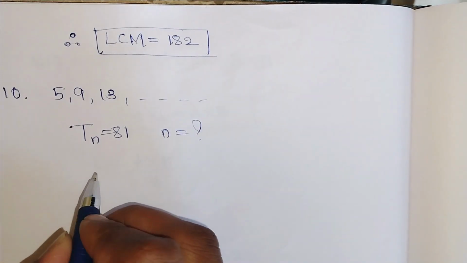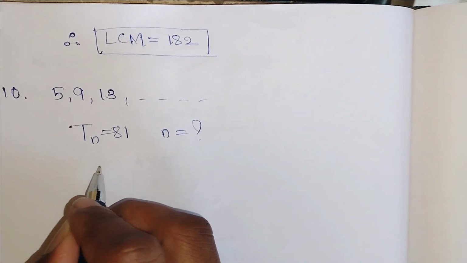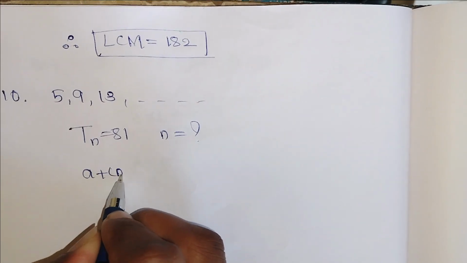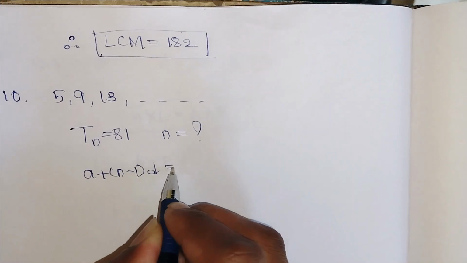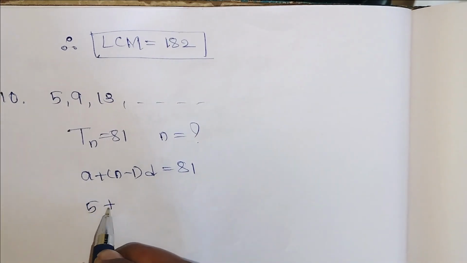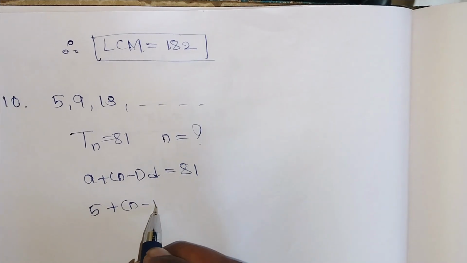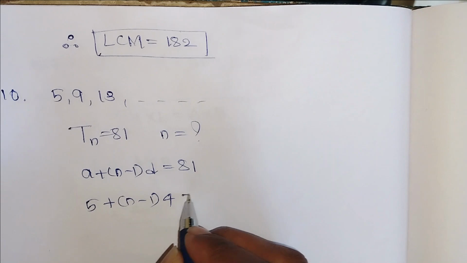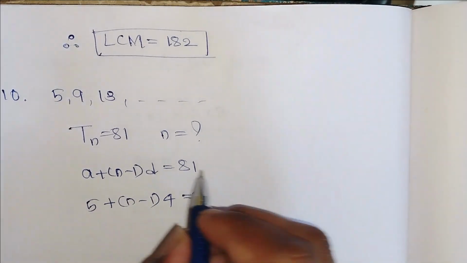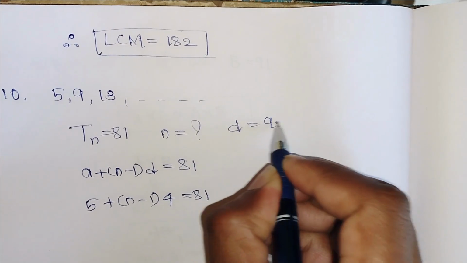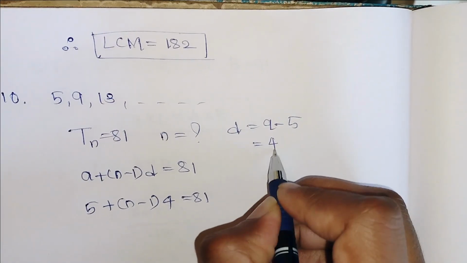So what we can do is substitute the formula of Tn, that is A plus n minus 1 into D equals 81, where A is 5 here, plus n minus 1 into D, and D is 4 because D is 9 minus 5 equals 4.